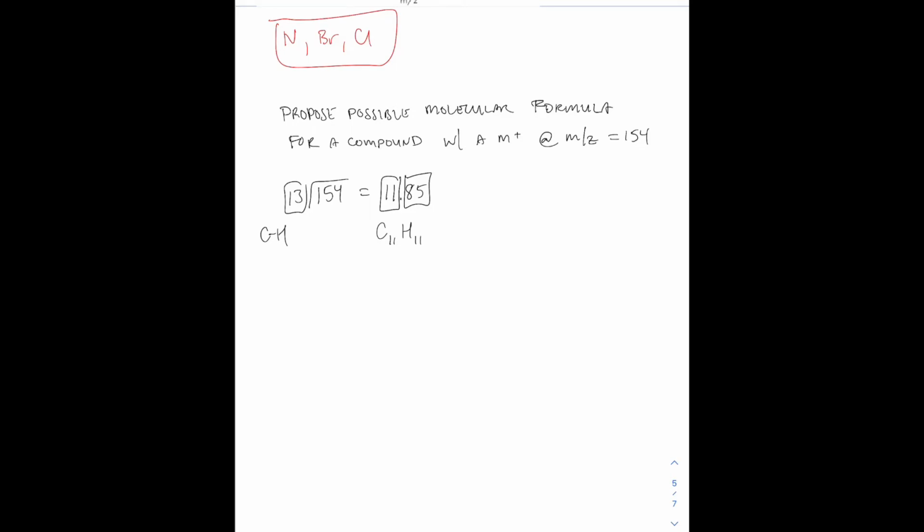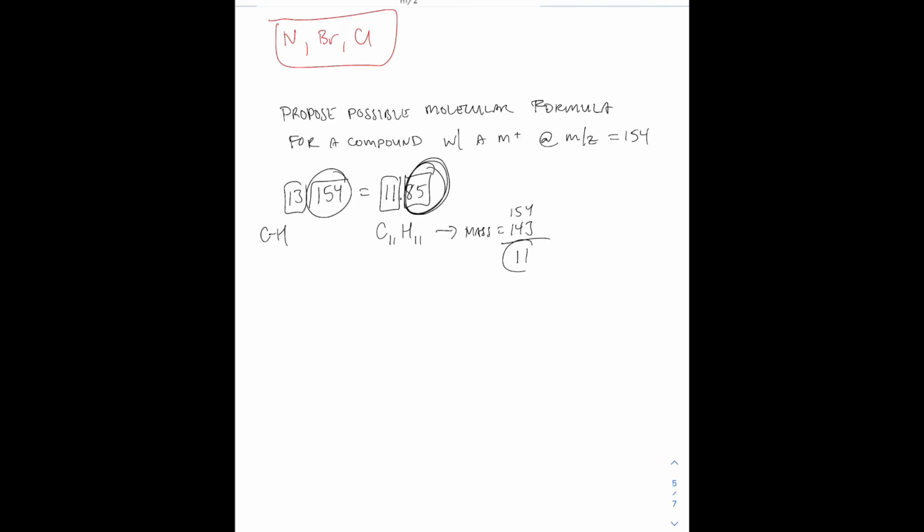And so since we used C11H11, there's that 0.85 portion that's left over, right? 11 times 13 is equal to 143. So this mass is equal to 143, and that's obviously not the whole 154, so we need to subtract, and what we get is 11 again.